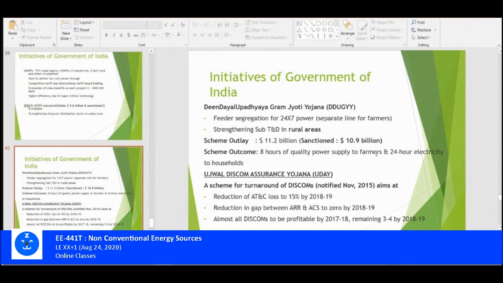Now the distribution companies, the discoms, created out of the state electricity boards, have been restructured and they are constantly asked to reduce their losses to 15% and further in coming years. And at least they should be economically viable to carry out their operations and earn some kind of profit. Earlier, they used to incur huge losses.